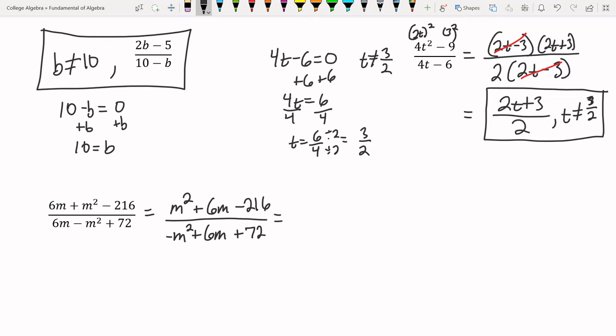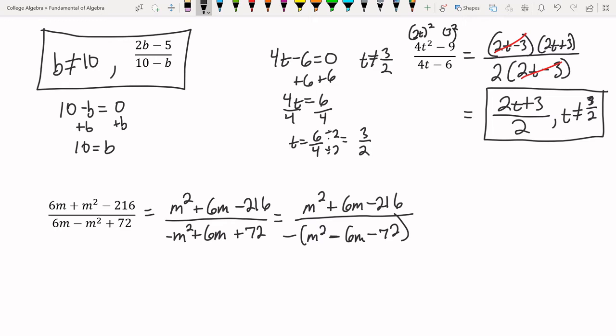I'm actually going to rewrite this by taking out a negative from everything on the bottom. We have negative m squared plus 6m plus 72. Oops, if I take out a negative from everything, all the signs switch. So it's going to be a minus 6m and a minus 72. Just redistribute the negative back in, and you'll see we get back to the regular denominator.